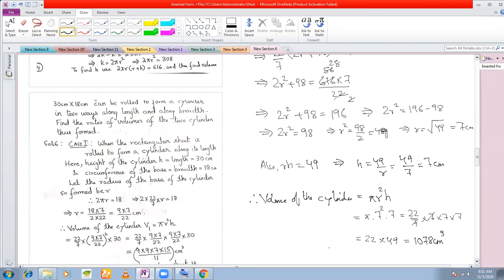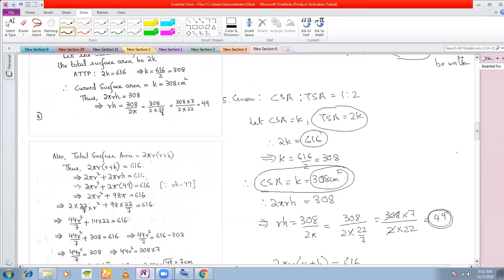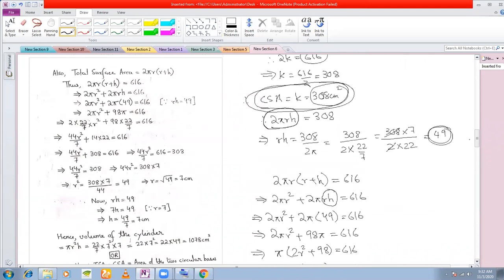Okay, so in this problem, what we saw was that two things were given: the ratio of the curved surface area to the total surface area, and the total surface area. With the help of the total surface area, I found out the curved surface area, and we used the formula of curved surface area to find out the relation between radius and height.